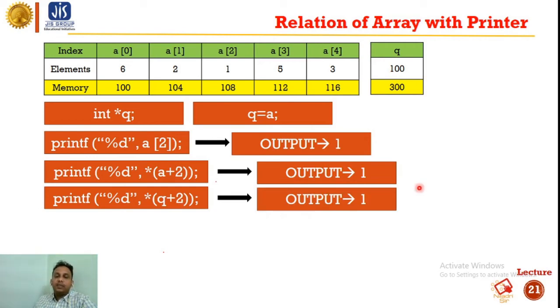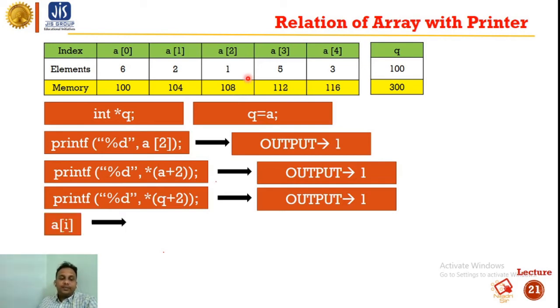Here 100 plus 1 means 104, and 100 plus 2 means 108. 100 plus 3 means 112, and 100 plus 4 means 116. So q plus 2 is 108, q plus 3 is 112, and q plus 4 is 116. The value at 108 is 1, so 1 will be printed.